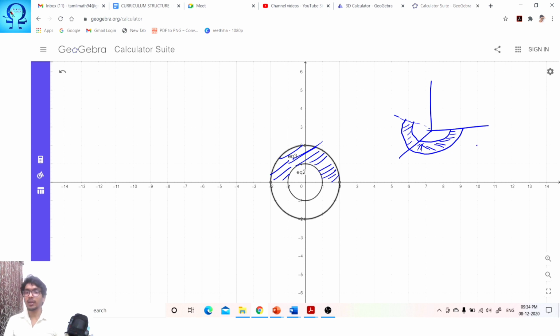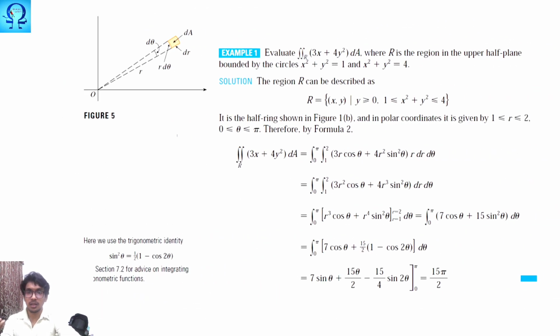Upper half means what? Positive y-axis has to be there. X may go negative as well. If we take this as x and this as y, this is our negative x. So this is how we have some common region, and in the common region we have 3x plus 4y squared.